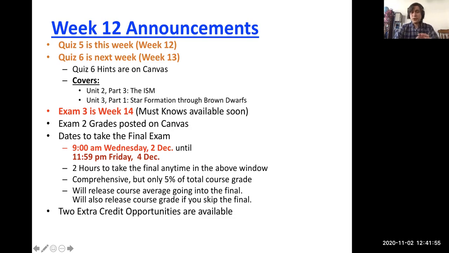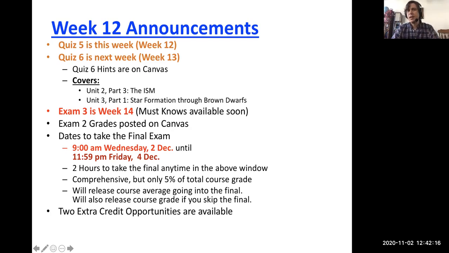Please also note that there are those extra credit opportunities which are worth up to plus 5% added to your final grade in the class, which could replace the final exam. You do all the extra credit, you earn 100% of the extra credit, you do it all appropriately, so I add plus 5 to your final grade. That would offset skipping the final.